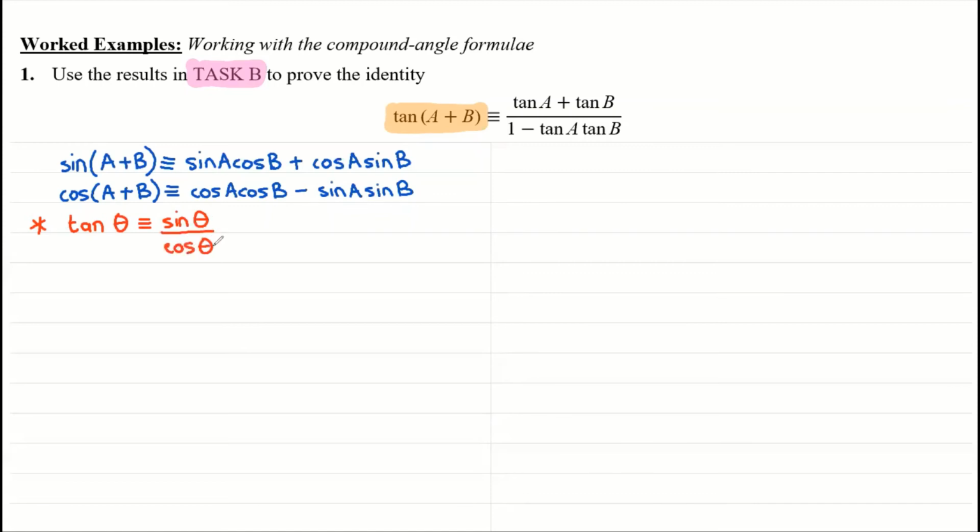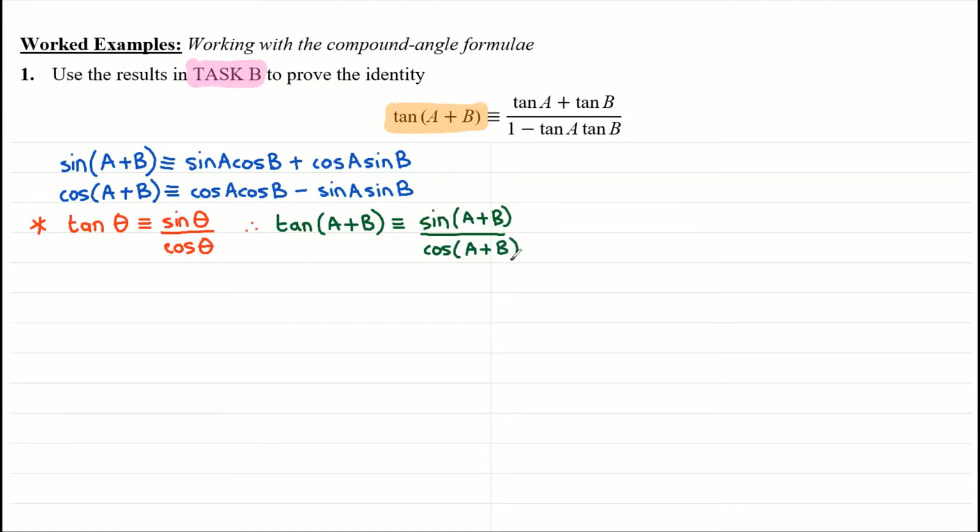So therefore, let's put in our new angle now. So tan of a plus b as our angle, so where theta is a plus b, must be the same as the sine of a plus b over the cosine of a plus b. Now, this really does highlight the power of identities.